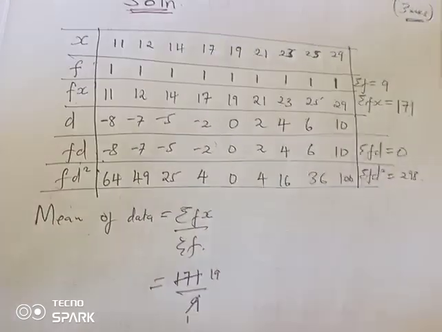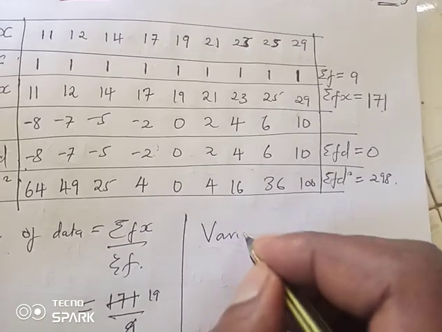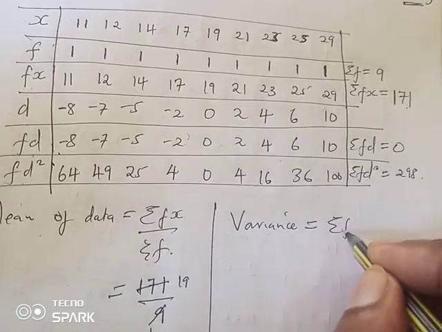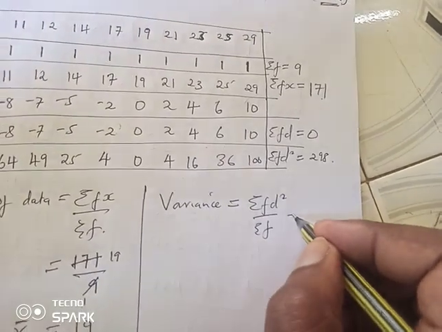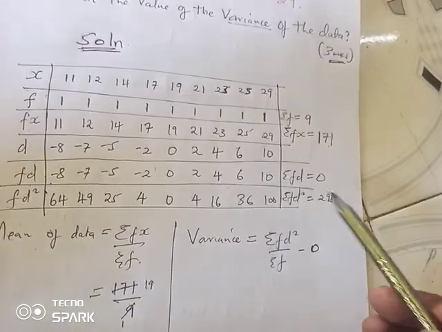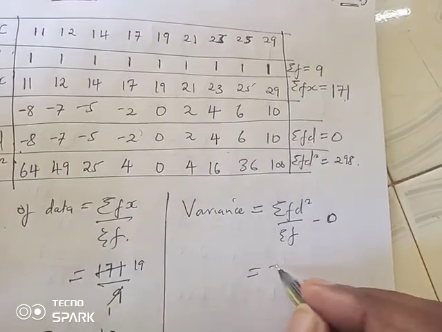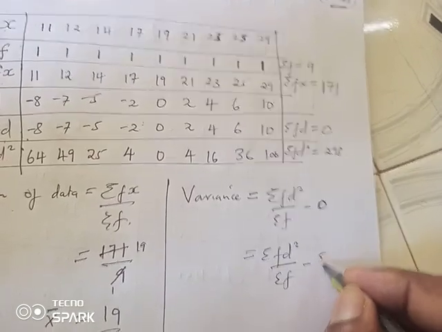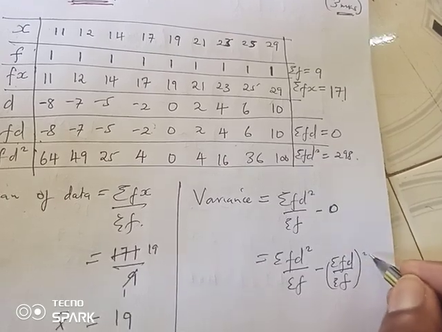So when we come to the formula of getting variance, variance is simply summation of fd squared over summation of f, minus a 0, because this was simply the deviation from the mean. Or if I may write the fullness of that formula, minus summation of fd over summation of f, but this one should be squared.